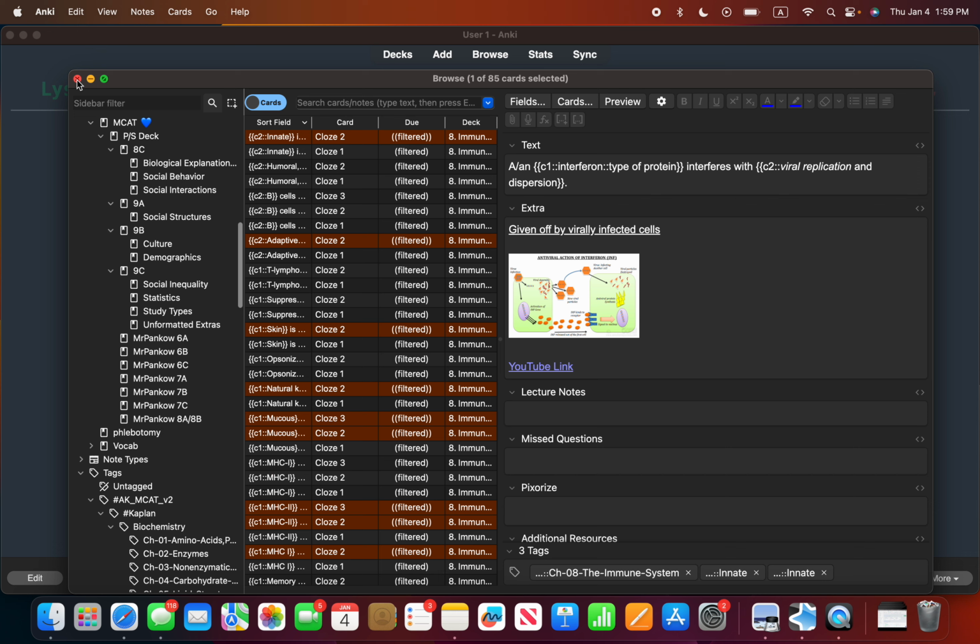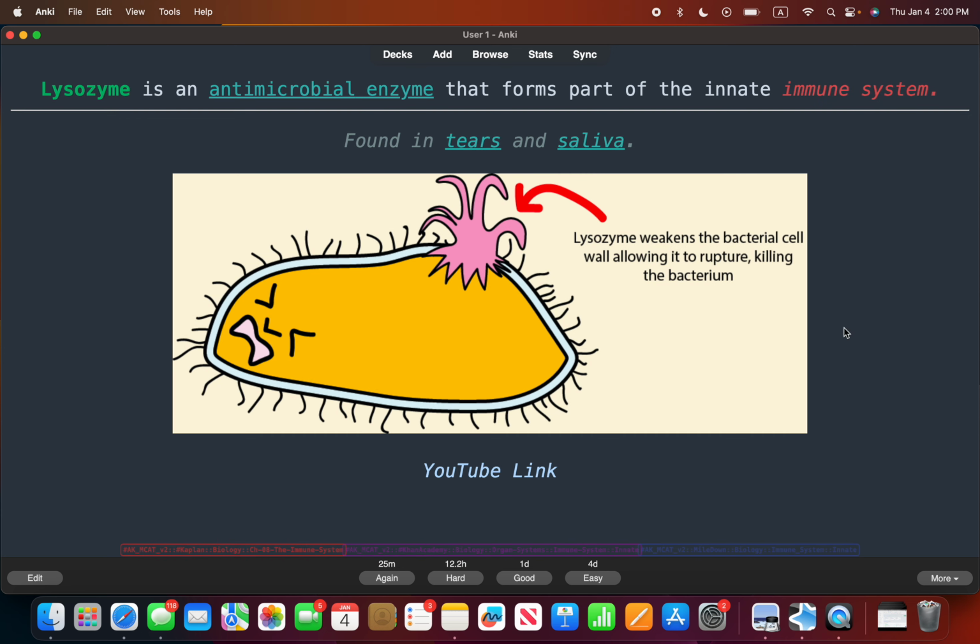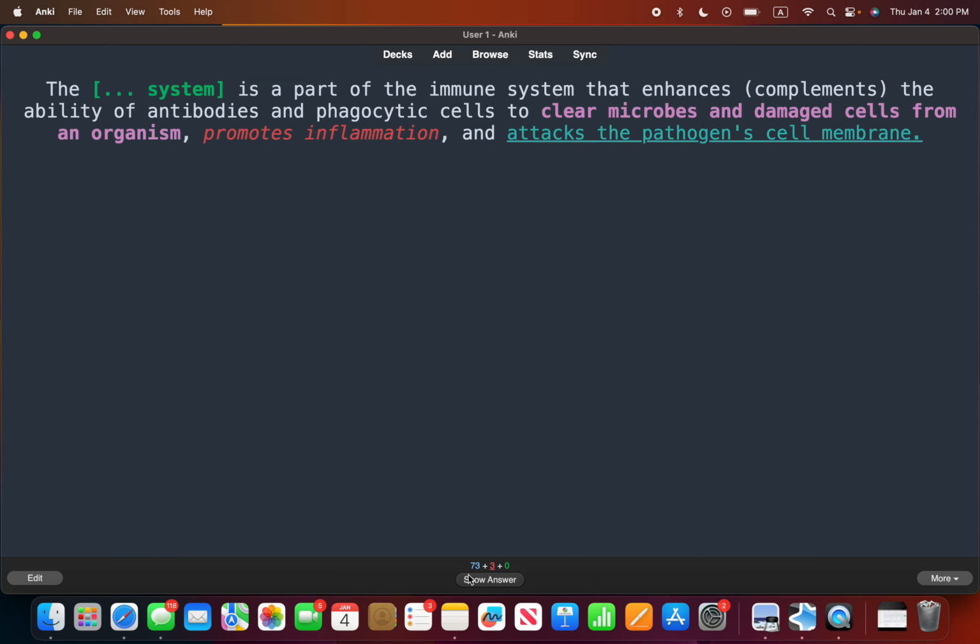What was interferon? Interferons interfere with the viral replication and dispersion. Okay, so for this, we can put it as hard. What system is a part of the immune system that complements the ability of antibodies and phagocytic cells to clear microbes and damaged cells from an organism?